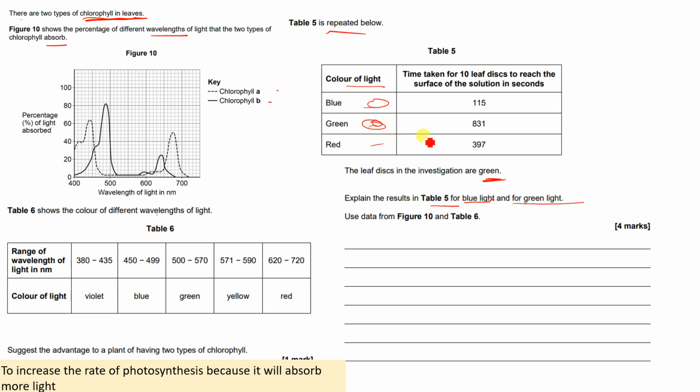The rate of photosynthesis in blue light is higher than that of green light. Green light is lower. Why? Because the time taken for the discs to rise in blue light is shorter, which is 115 seconds, while for green light it is 831 seconds.